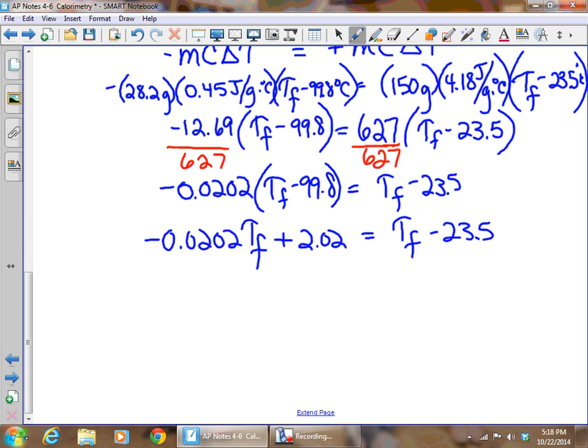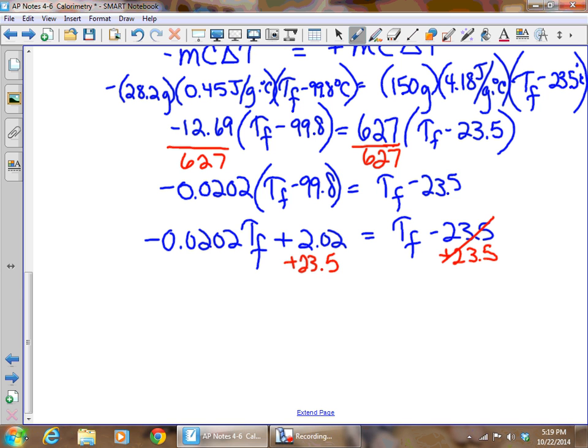Now I'm going to combine terms. I'm going to add the 23.5 to both sides, which of course reduces it to 1 on the right-hand side.